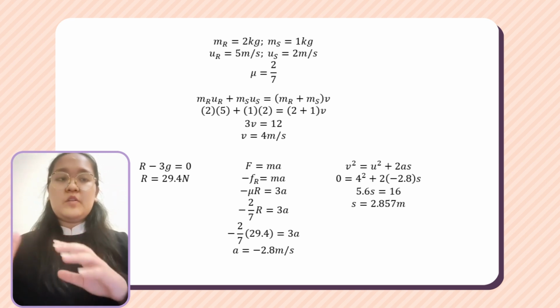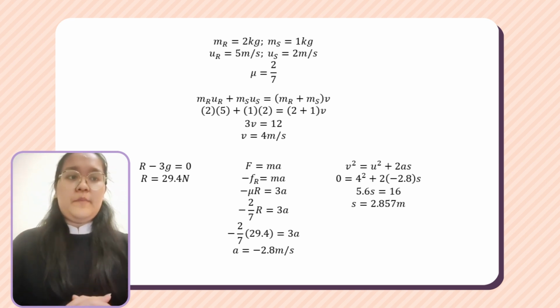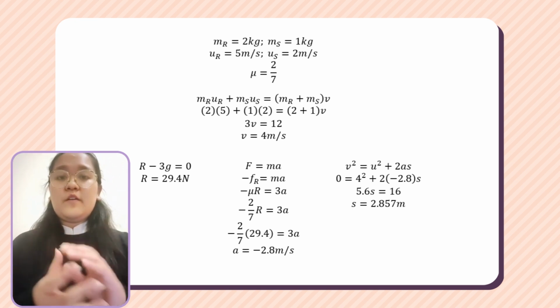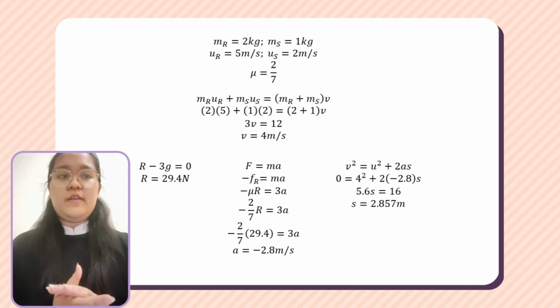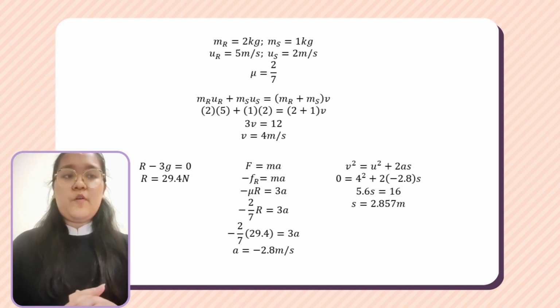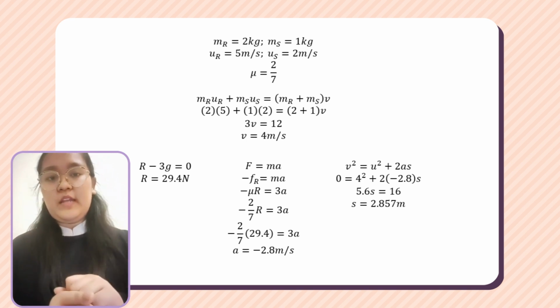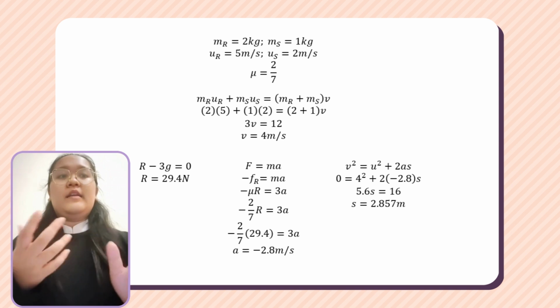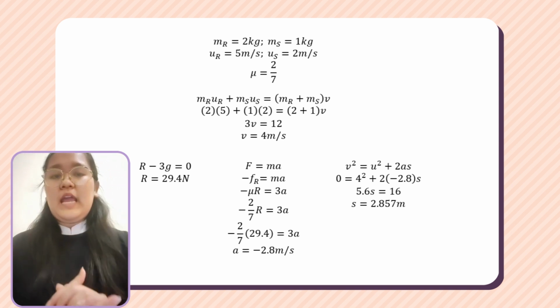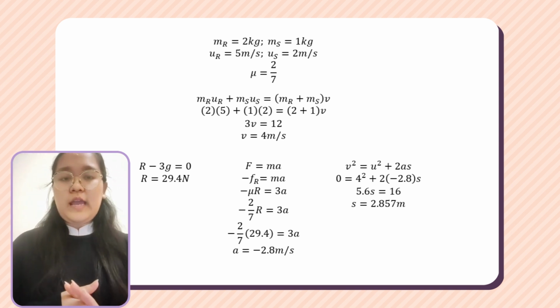Then we substitute our R back into the formula. We get our coefficient of friction is 2 over 7. So our negative 2 over 7 times 29.4 equals to 3a. 3 is our total mass of two particles because they joined together after the collision, right? And then lastly, we got our a equals to negative 2.8 meter per second squared.